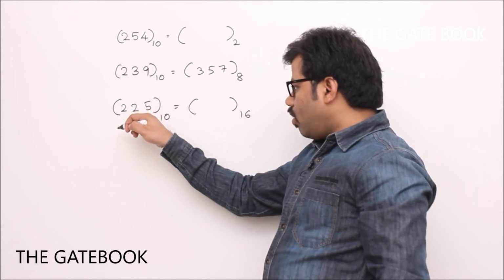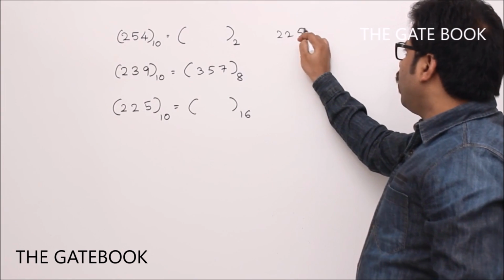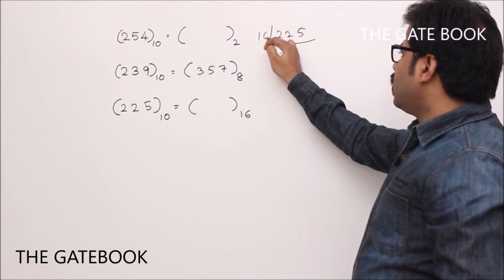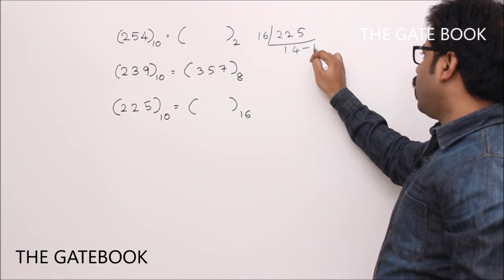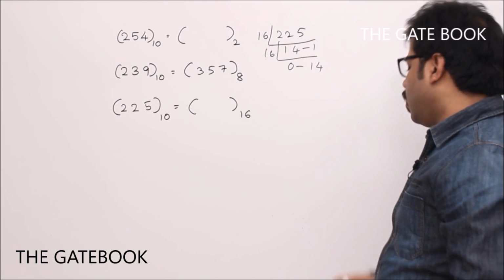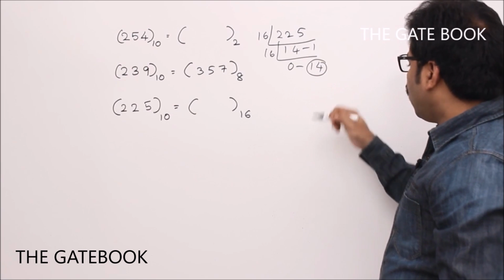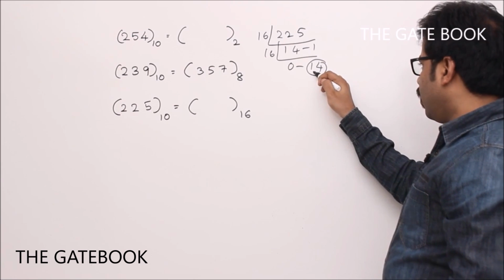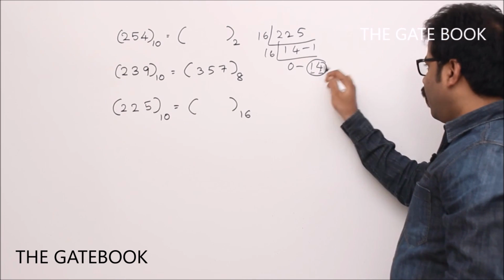Now we'll see decimal to hexadecimal. Let's take 225 and divide by 16. 16 1s are 16, 65, 16 4s are 64, remainder 1, 16 0 is 0, then the remainder is 14. So 14, to avoid the confusion whether it is a single digit or two digits, because in hexadecimal we have 1 and 4 also.